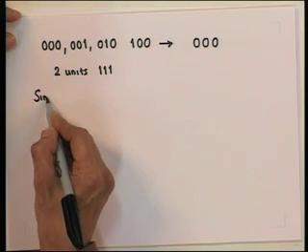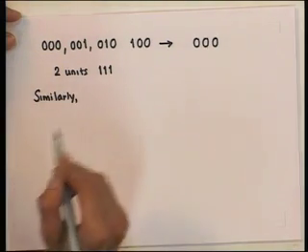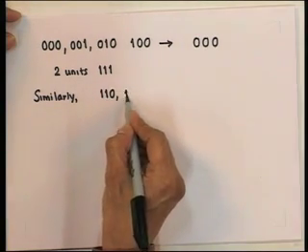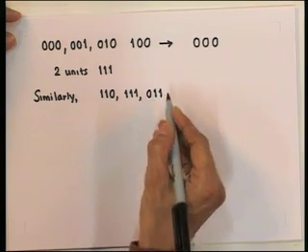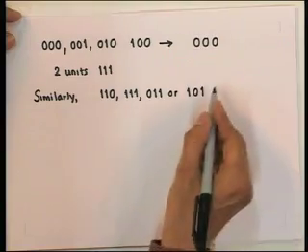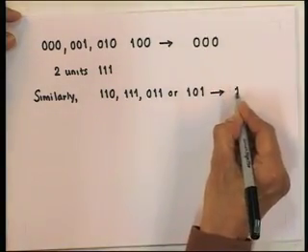Similarly, when any of the sequences 1 1 0, triple 1, 0 1 1 or 1 0 1 is received, the decision is binary 1.